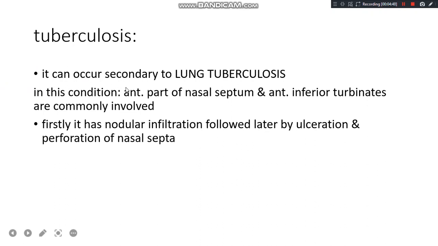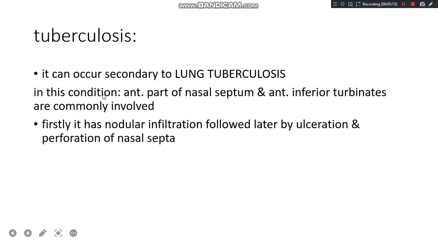Now, it occurs secondary to lung tuberculosis. Now, in this condition, the anterior part of the nasal septum and anterior inferior turbinates are commonly involved. Firstly, it has nodular infiltration followed later by ulceration and perforation of the nasal septum.